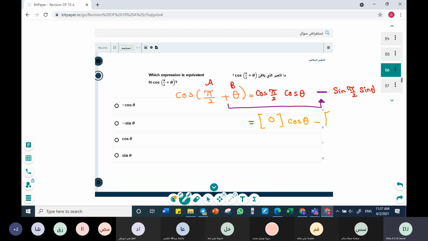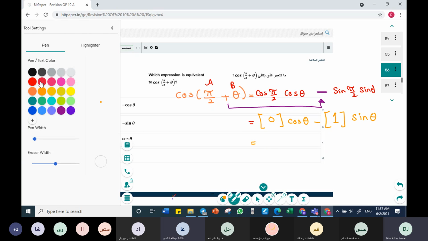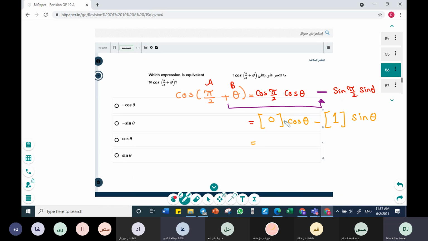Now what is my sine of pi over 2? 1. Excellent. Now multiplied by sine theta. So let's have a look here. We will cancel out. Excellent. Don't forget to cancel out this. It is multiplied by each other, so cancel this. So my answer is minus 1 multiplied by sine theta. So this is minus sine theta.